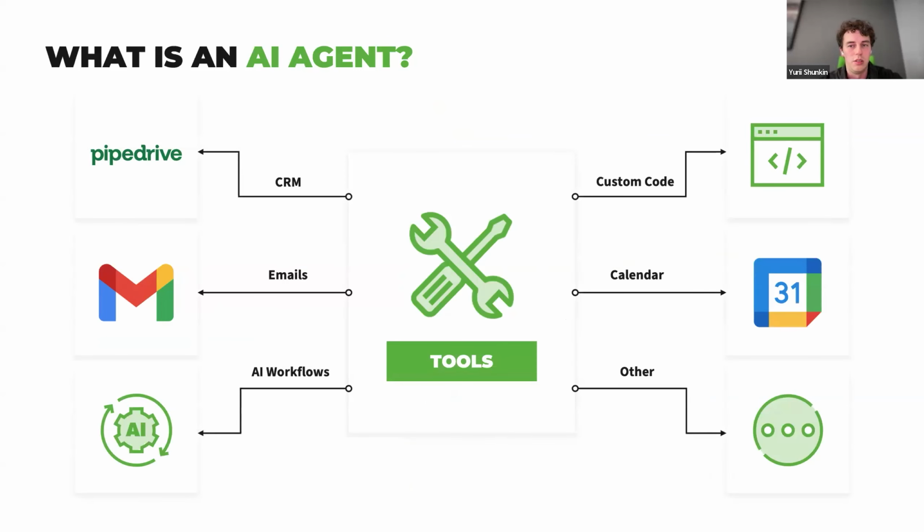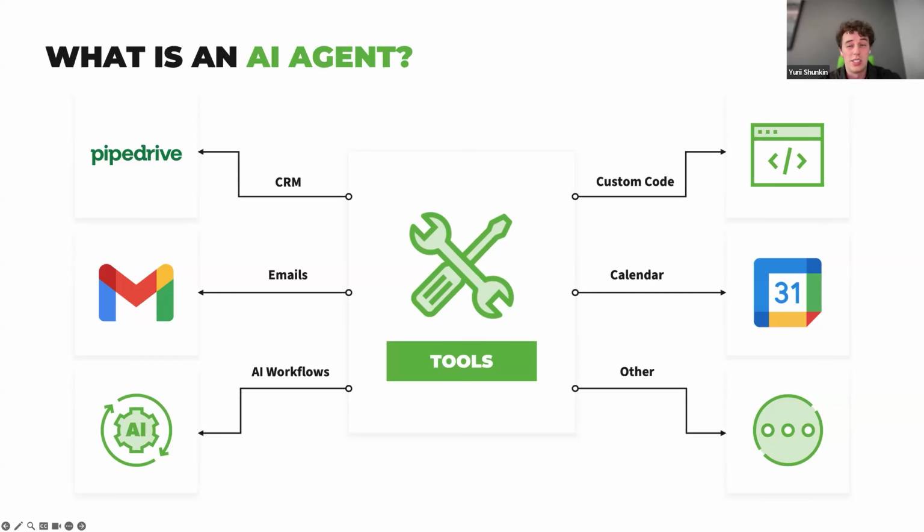The third part is arguably the most important one, the tooling. Without tools, your agent can't do much. Tools are what enable the agent to take action, any action, from reading from an external source to triggering some existing workflows, maybe sending some notifications to the user, interacting with some system, and so on.